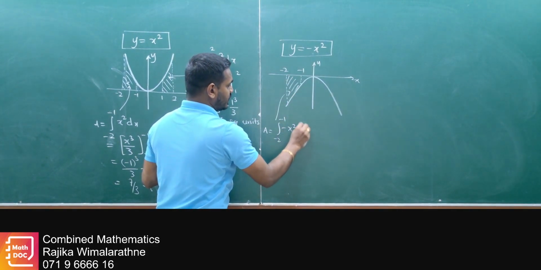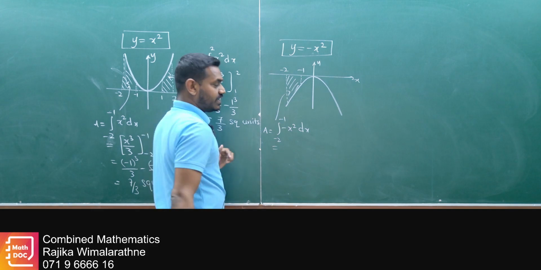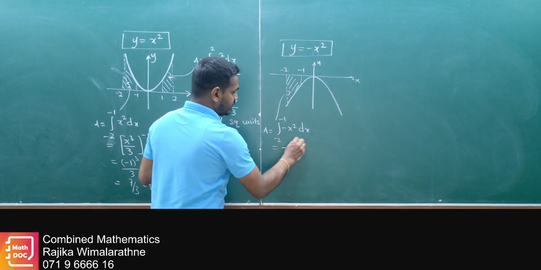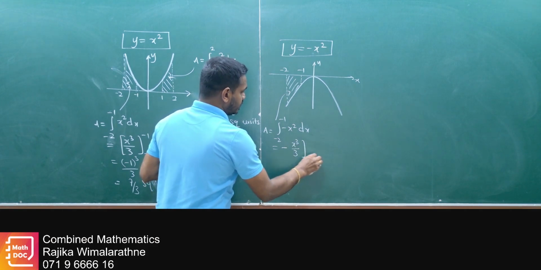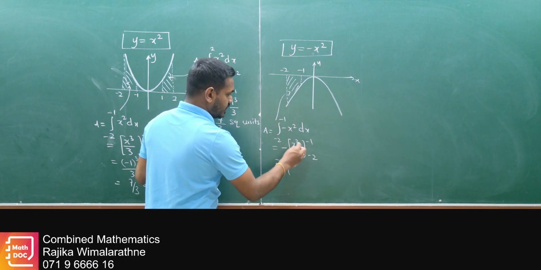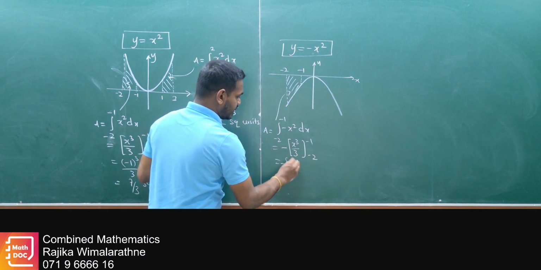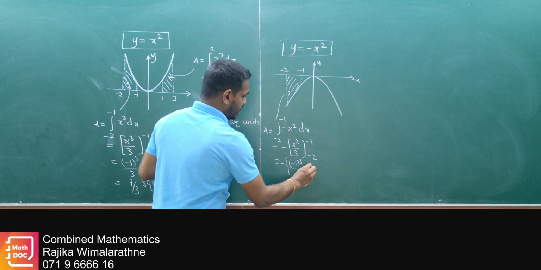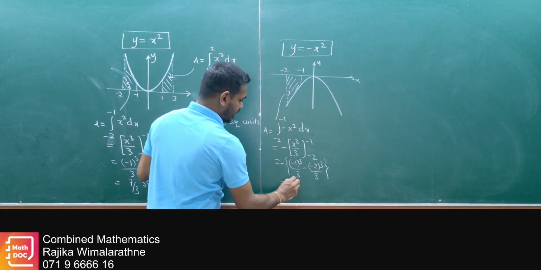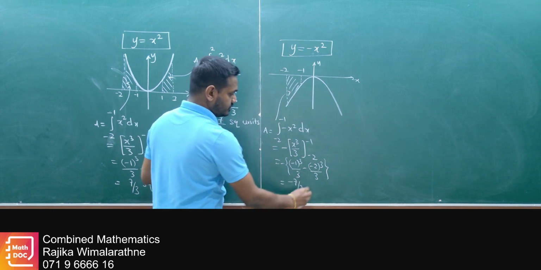Let's say A equals the integral from minus 2 to minus 1 of minus x squared dx. Take the minus outside, the integral of x squared is x cubed over 3, limits minus 2 to minus 1. Substitute the upper boundary: minus 1 cubed over 3, minus minus 2 cubed over 3. So we get minus 7 over 3.